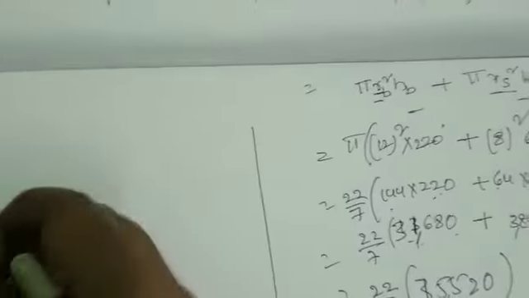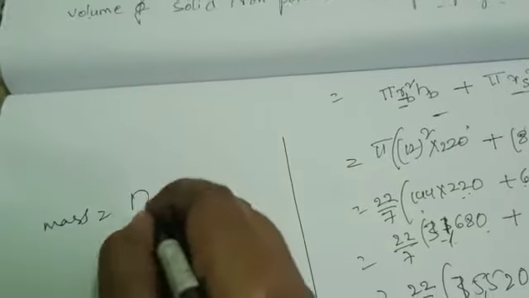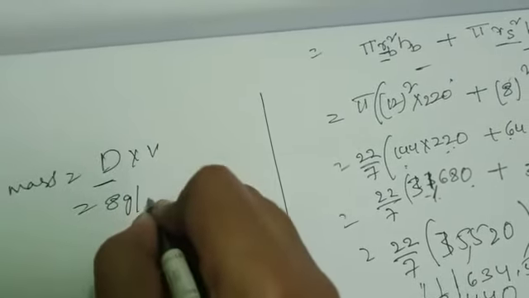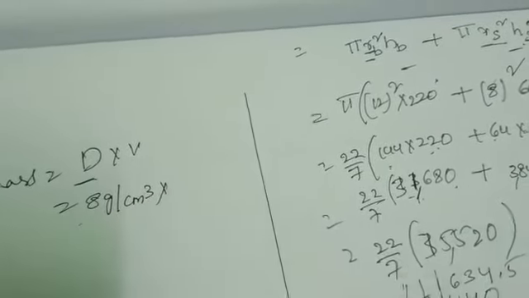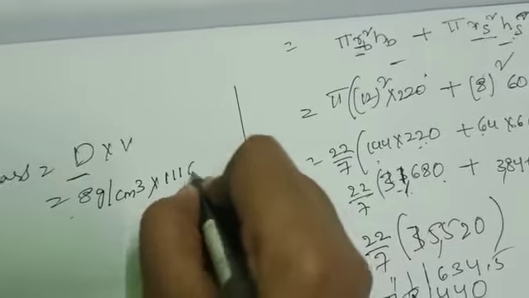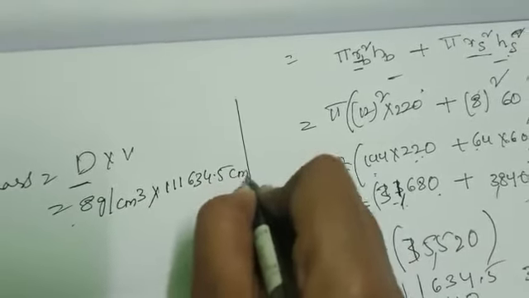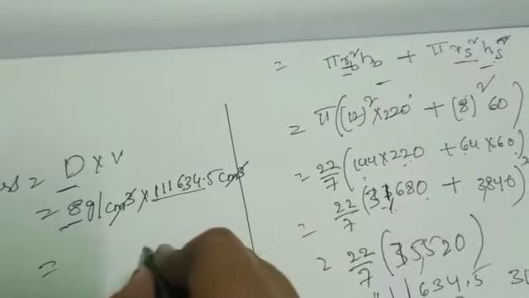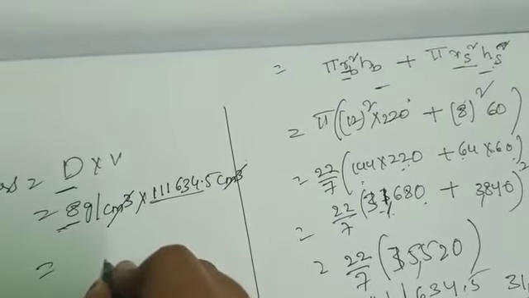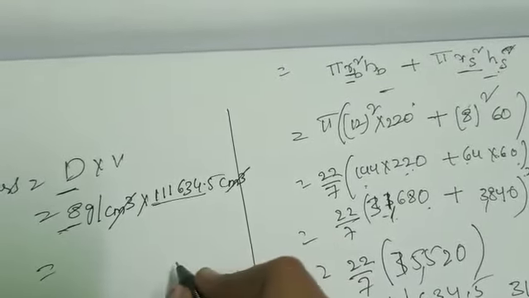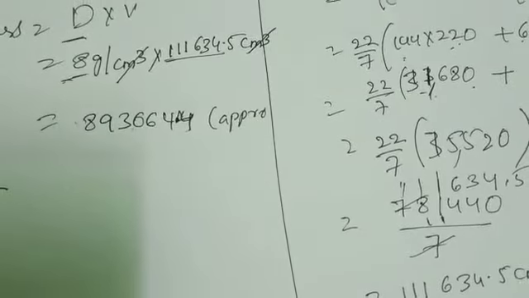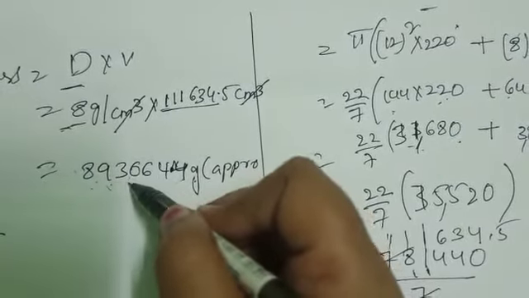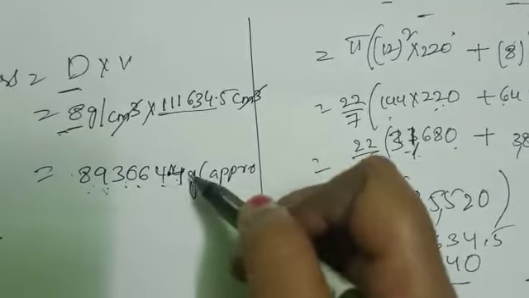Mass equals density into volume. Density is given 8 gram per centimeter cube. Volume is, we got 111,634.5 centimeter cube. Centimeter cube cancels, 8 into this value, which is equal to approximately 893,064.4 grams.